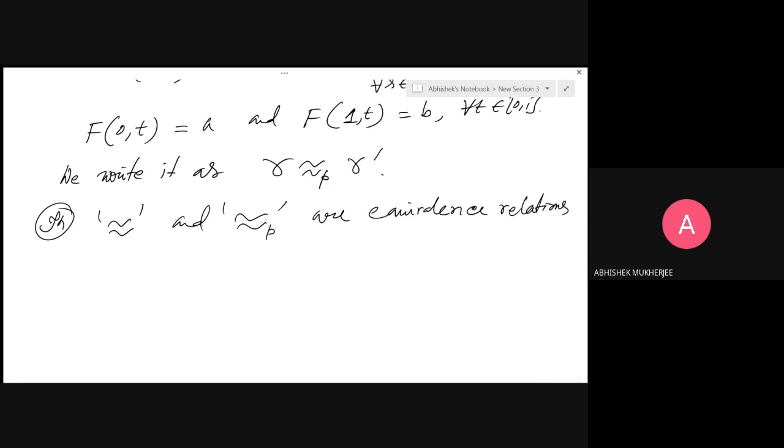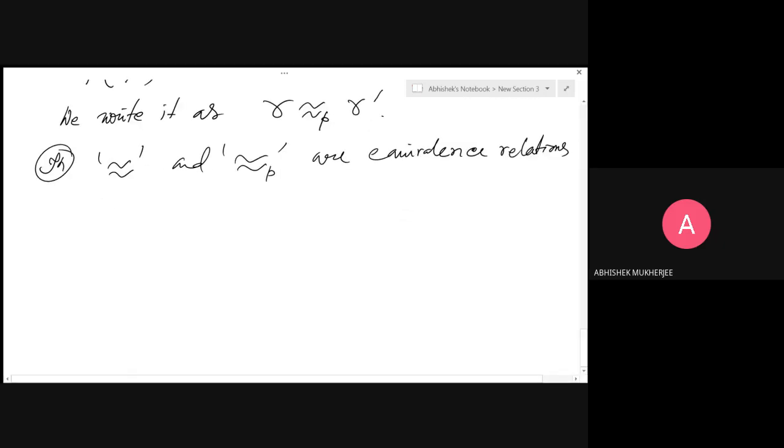Okay. So let me have a look at the sketch of the proof of this theorem.